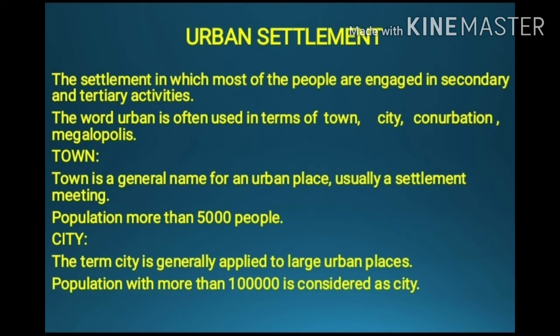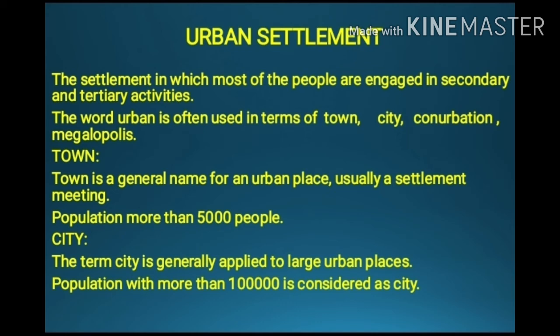Based on the functions they perform, towns can be classified into types such as administrative, cantonment, academic. So based on the occupational activities, the town can be classified in such a way, such as administrative, cantonment, academic, etc.